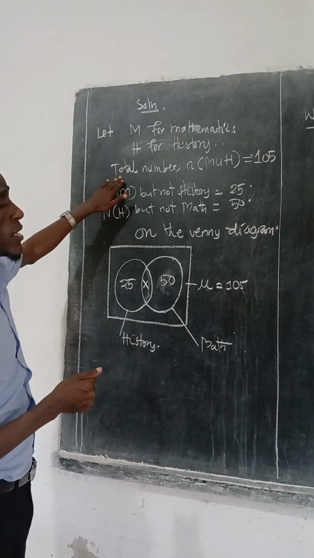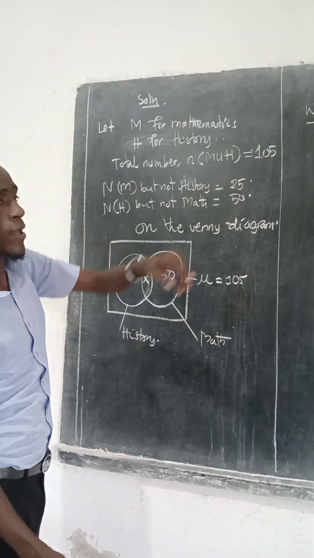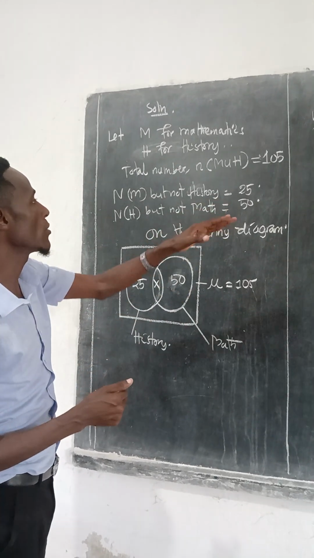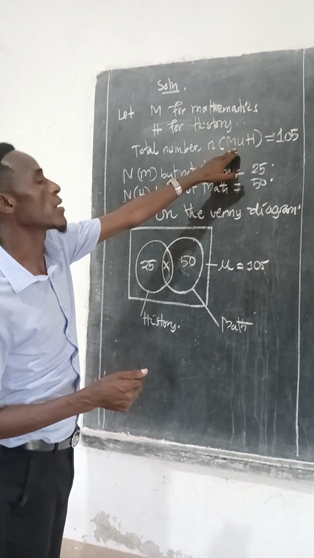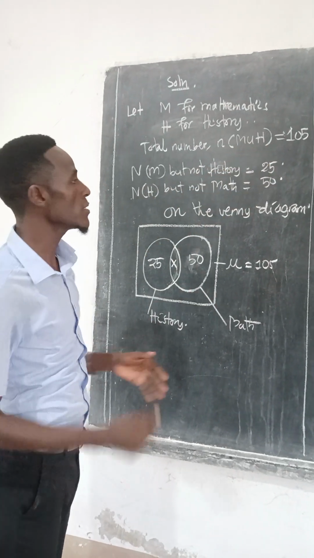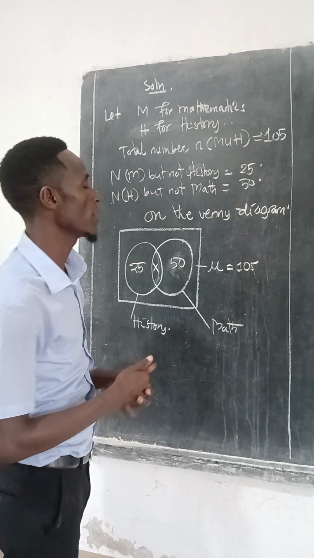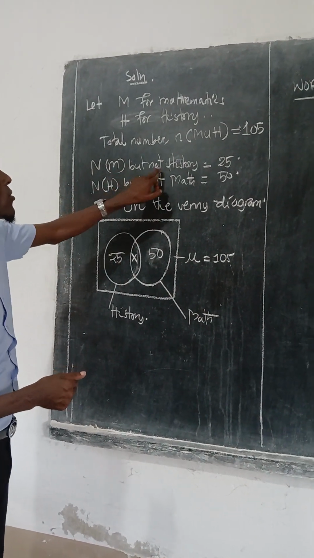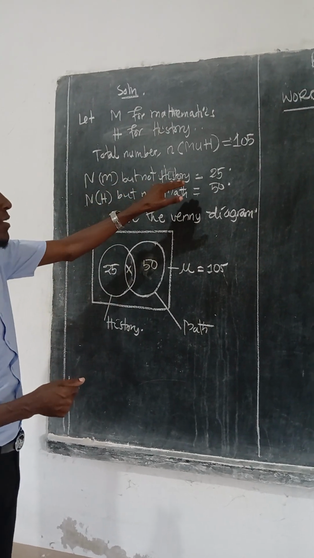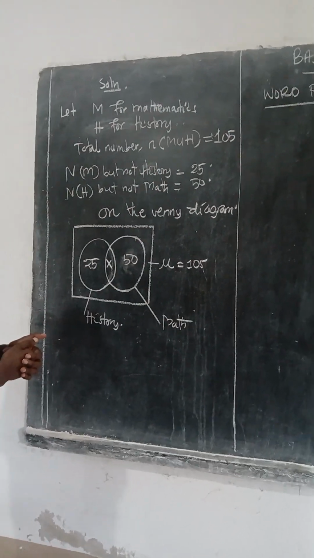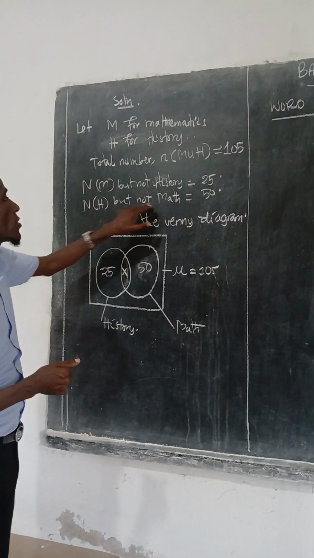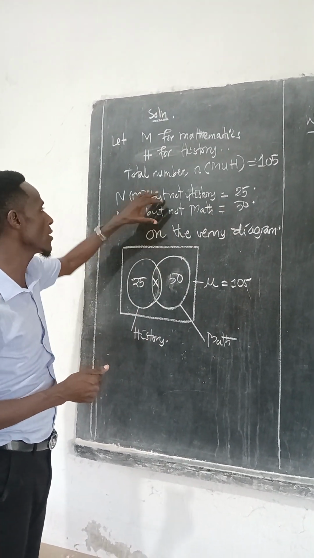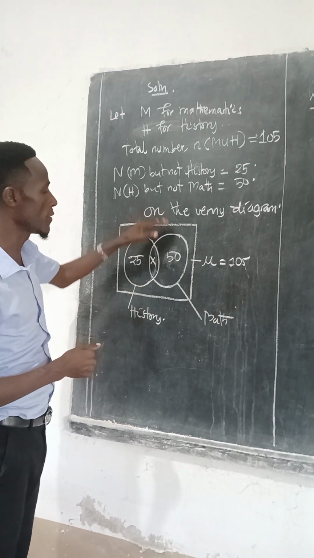The total number of students in the class is 105, so you can take it as the number of M union H equal to 105. Then you have the number who took basic mathematics but not history, and the number who took history but not basic mathematics, which were 50. So now you locate the data on the Venn diagram.